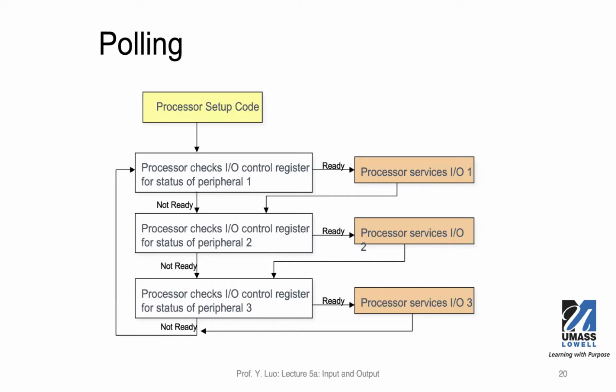I think I pointed out the advantages and disadvantages. So you should not regard polling as always very bad in any situation. Polling might be useful in some situations. So really you have to think hard about the best scenario in which you can use polling.